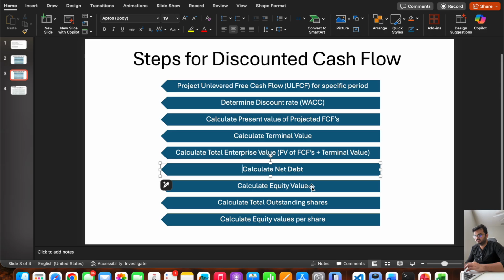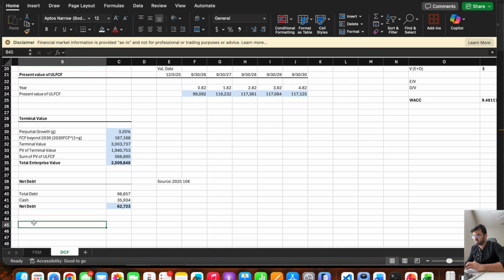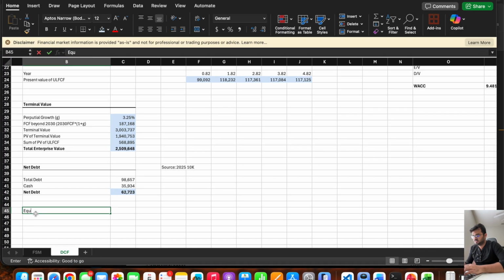We calculated net debt. Then finally the equity value, which is nothing but the summation of the debt plus the enterprise value. Then the final number we need is the equity value.